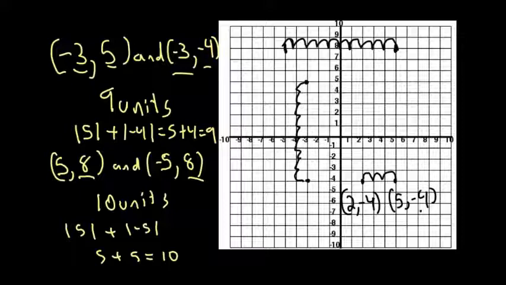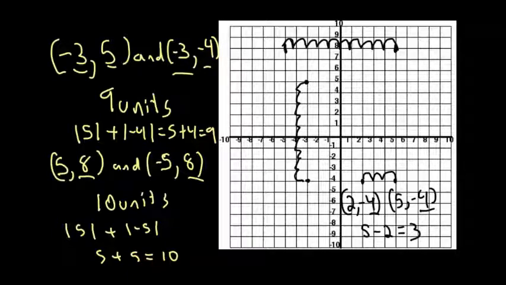You notice our y values are the same, we don't need to consider those. So now you have 2 to 5. And here, because the values are both positive, you just say how far is it from 2 to 5? Or you can subtract your numbers. So it's just 5 minus 2, which equals 3.